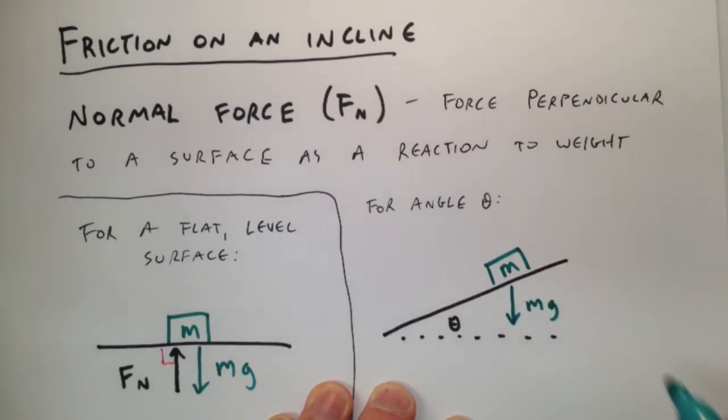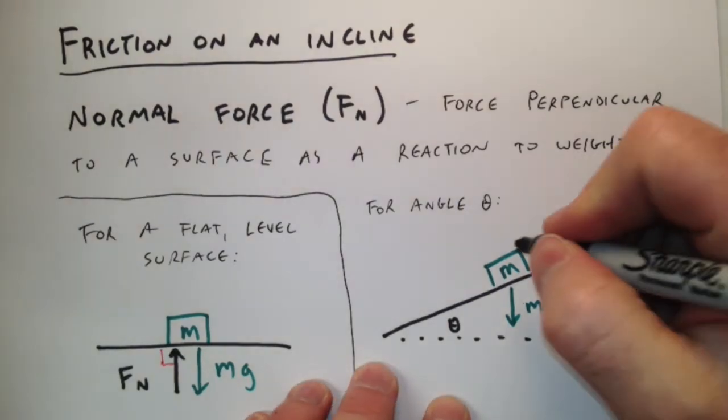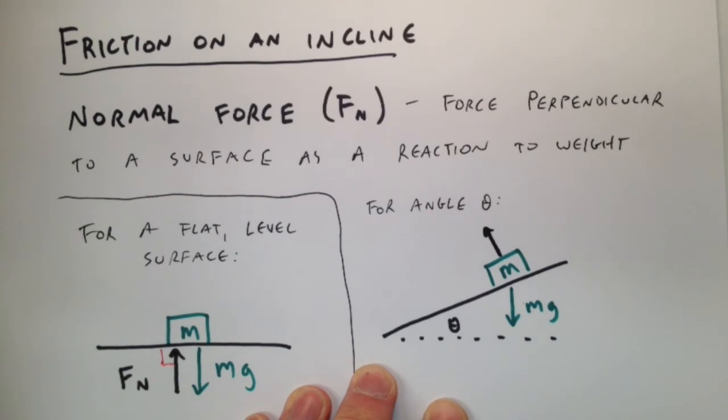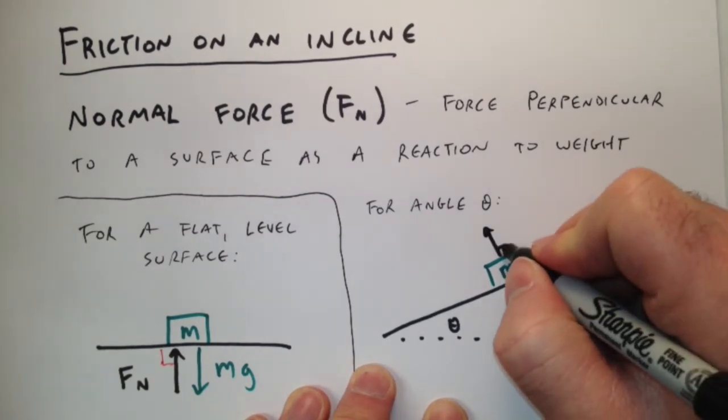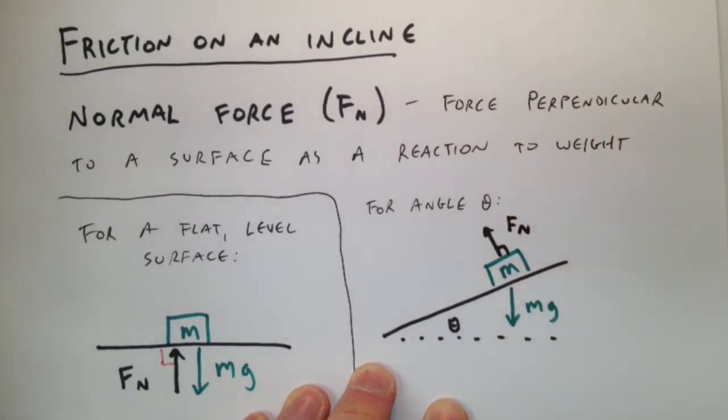And just because it's on an incline doesn't mean that the normal force still points up. The normal force is still perpendicular to the surface. Those aren't equal and opposite anymore.